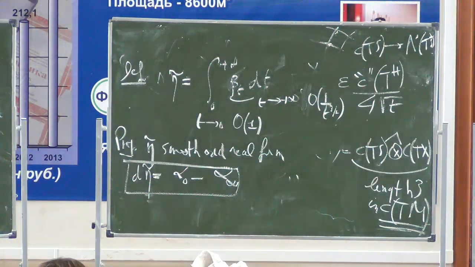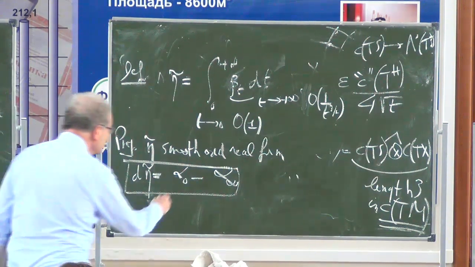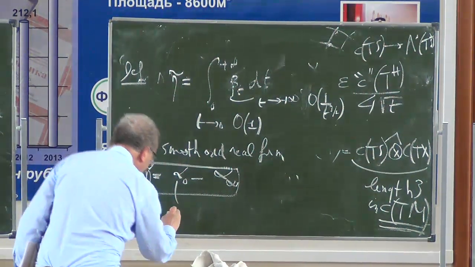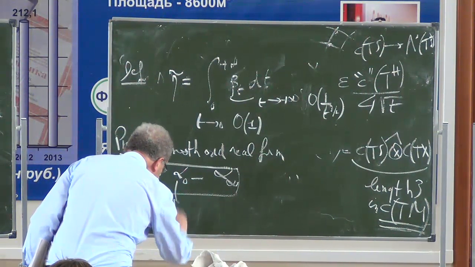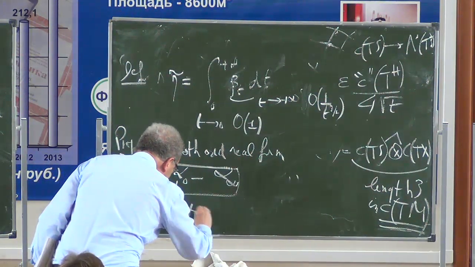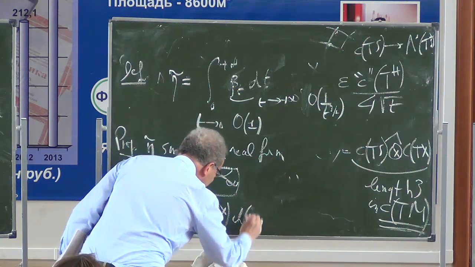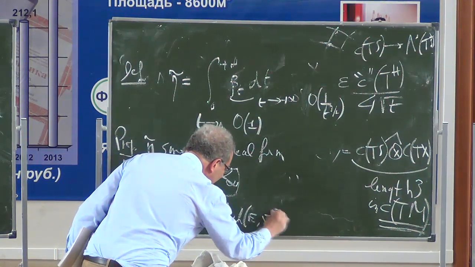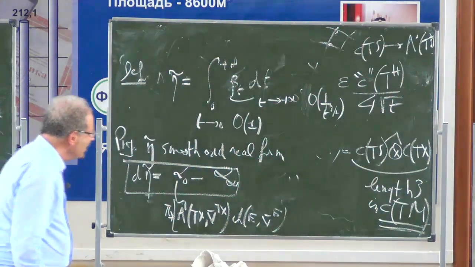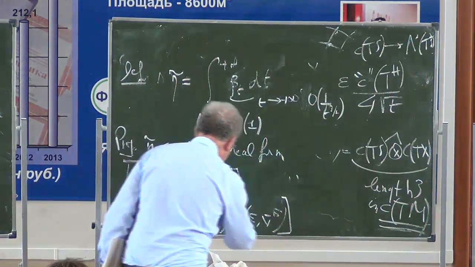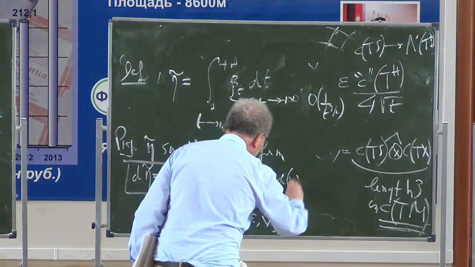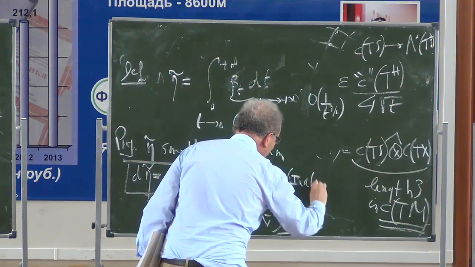I remind you what alpha 0 and alpha infinity are. Alpha 0 is just the integral along the fiber of A roof of TX, nabla TX, a local differential form, times Ch of E, nabla E. And the other one is exactly the Chern character form of the index bundle.